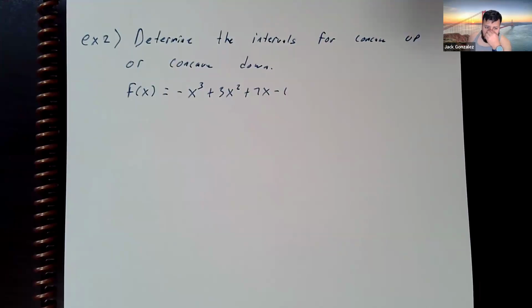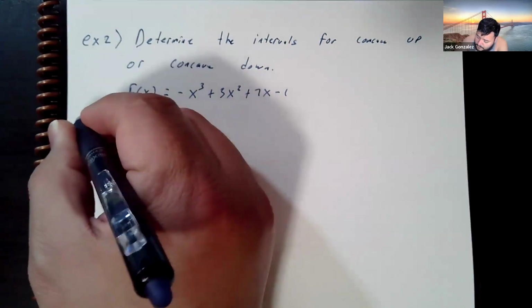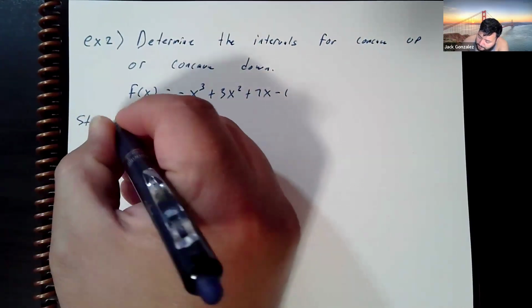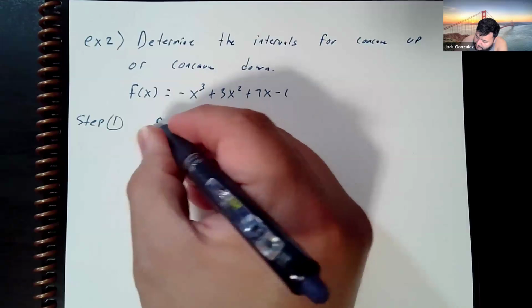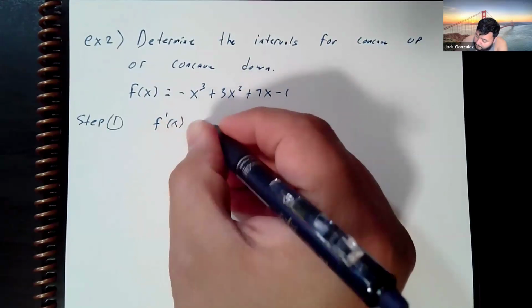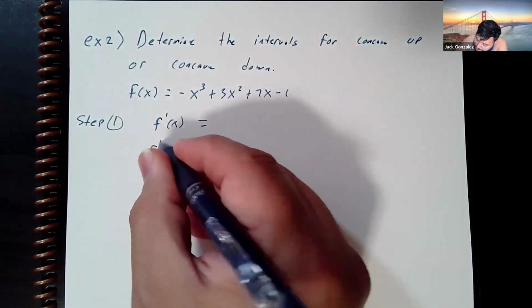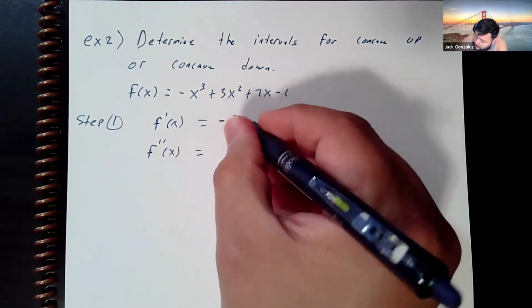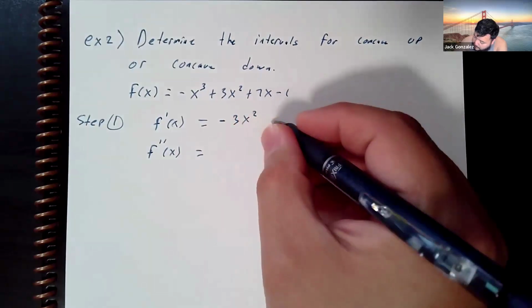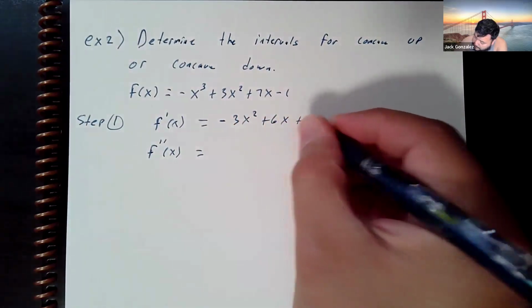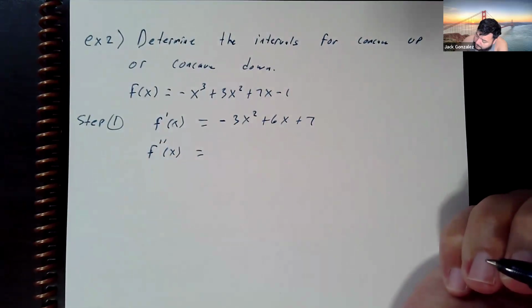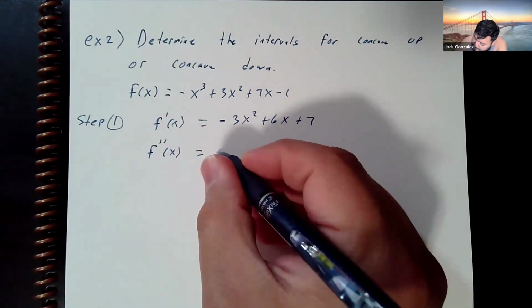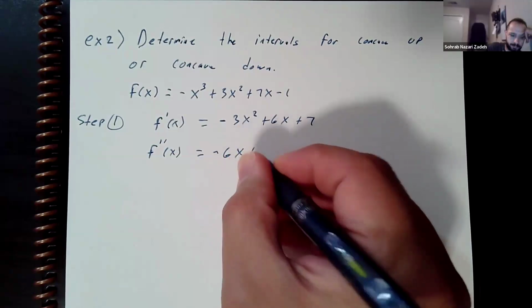To find concavity, we need the critical numbers, first and second derivatives. So let's try to do multiple things at once. In step one, let's find the first derivative and the second derivative. You all agree with the first derivative? Yes, sir.